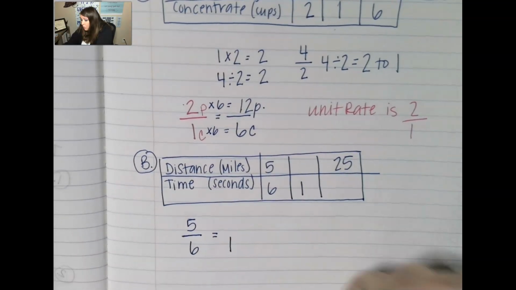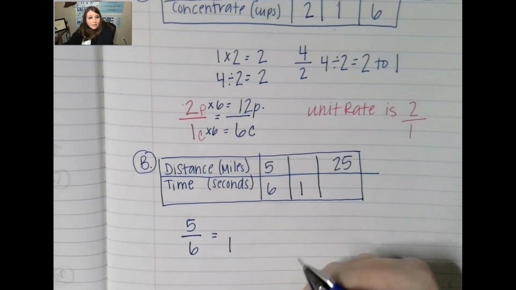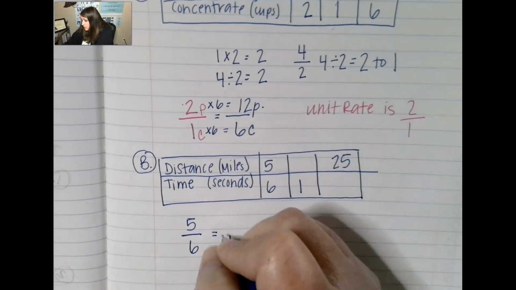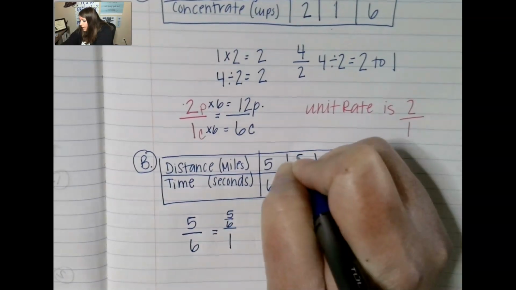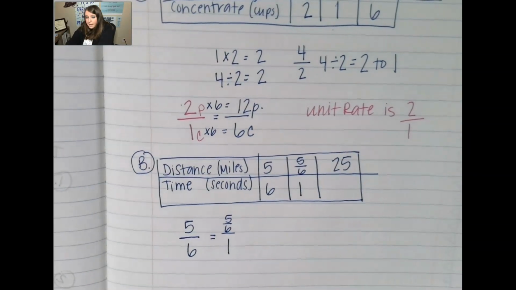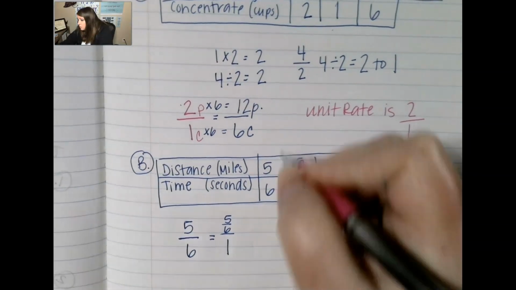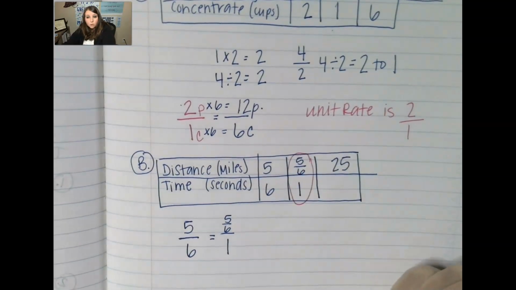That's going to give me a 1. Well, 5 divided by 6, that is a fraction, right? So let's just go ahead and use that fraction of 5 over 6. So I can run 5/6 of a mile in 1 minute. So this one is my unit rate. I found my unit rate by using division.